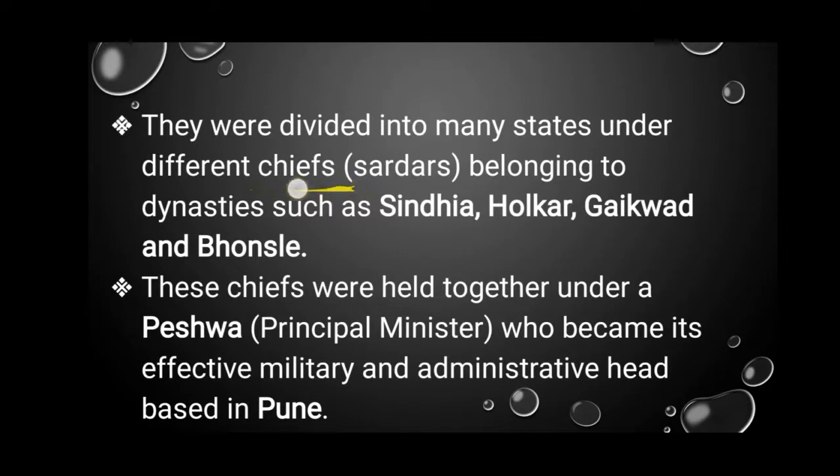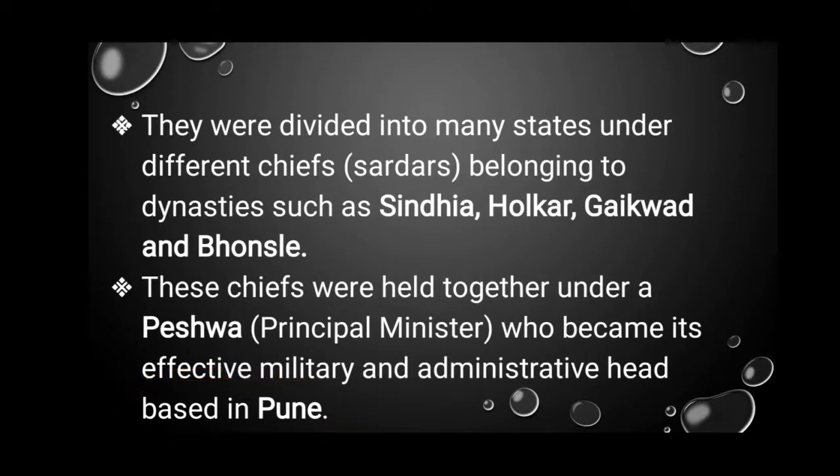These chiefs were held together under the Peshwa, that means the principal minister, the main person. He became its effective military and administrative head, and he was settled in Pune.